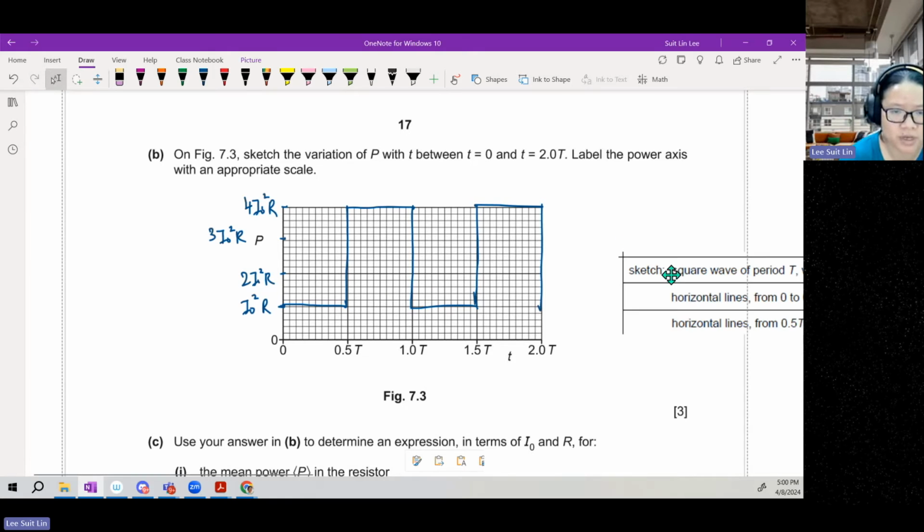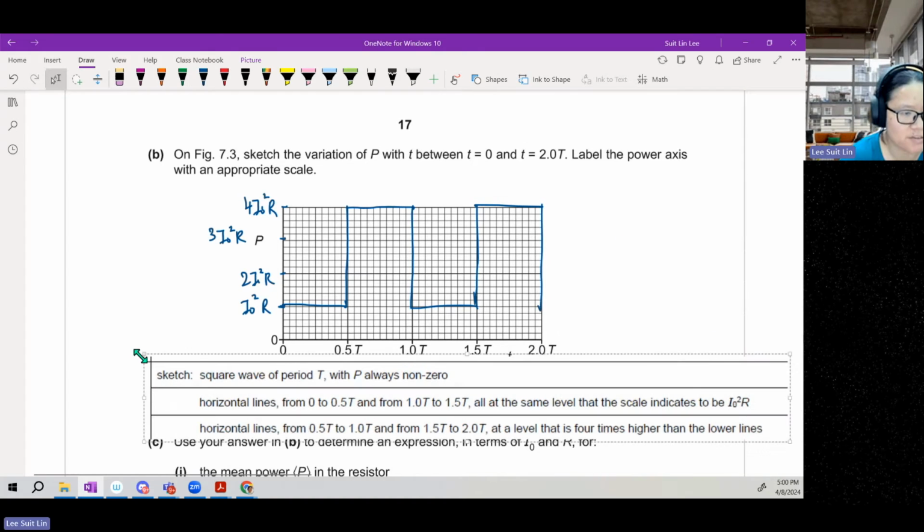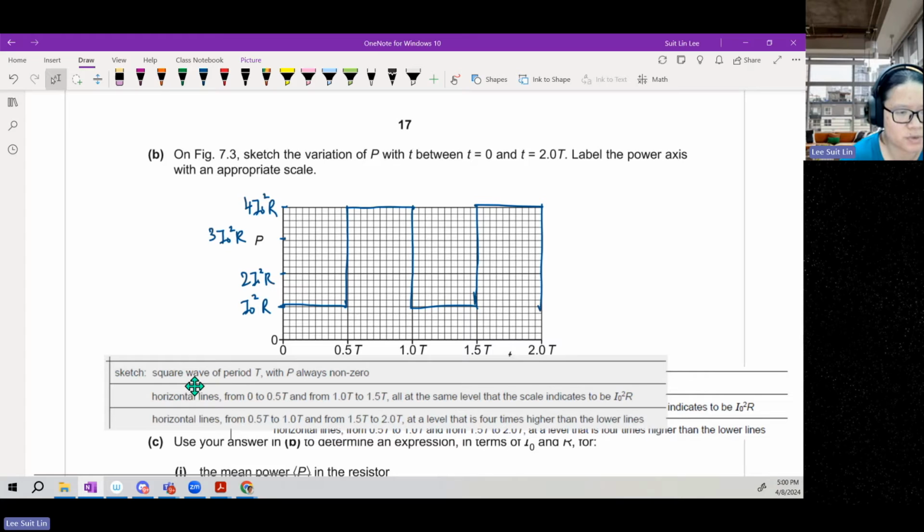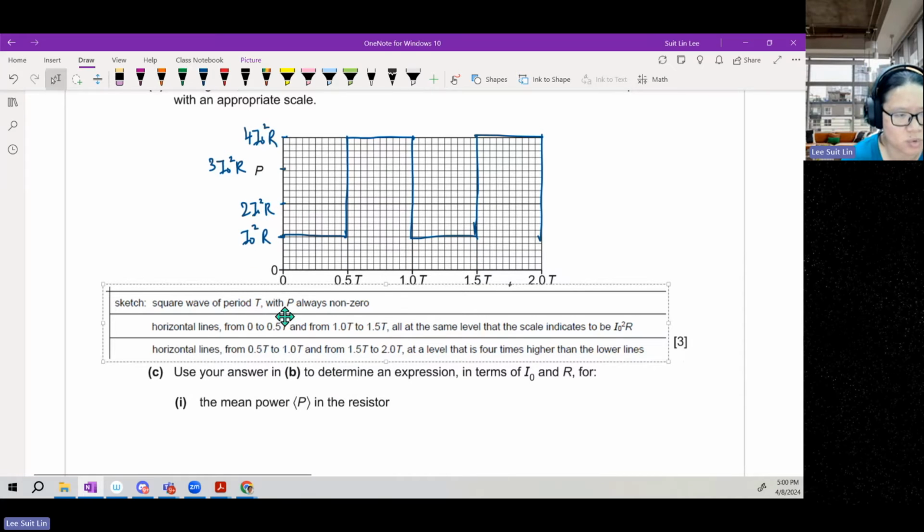All right, so here are the marks. If you sketch a square wave with period t and your P is never 0, 1 mark. Horizontal lines, all horizontal lines. So basically these two, 1 mark.